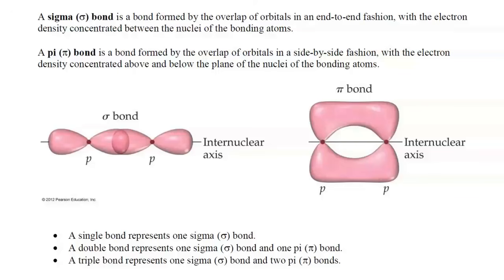Next point, a double bond, which is normally represented as 2 dashes between atoms, represents 1 sigma bond and 1 pi bond. Third point, a triple bond, which is normally represented as 3 dashes between atoms, represents 1 sigma bond and 2 pi bonds.